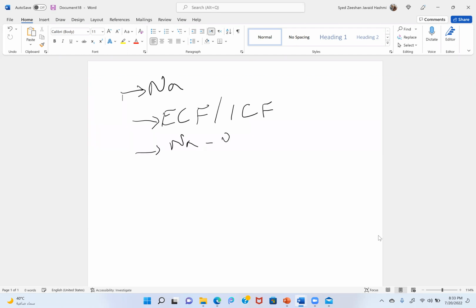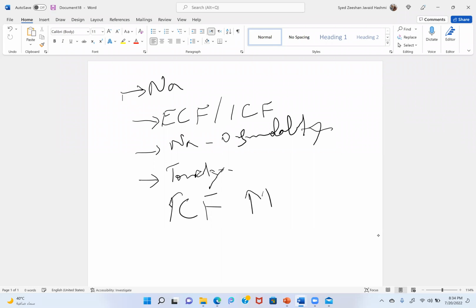We are discussing sodium, and we discussed its distribution in ECF and ICF. Sodium is maintaining the osmolarity, and there is a concept of tonicity, by which, in any such condition, either the ICF volume will increase or it will decrease.